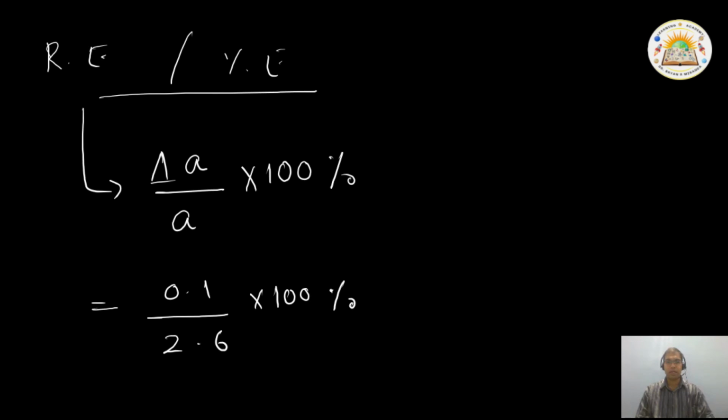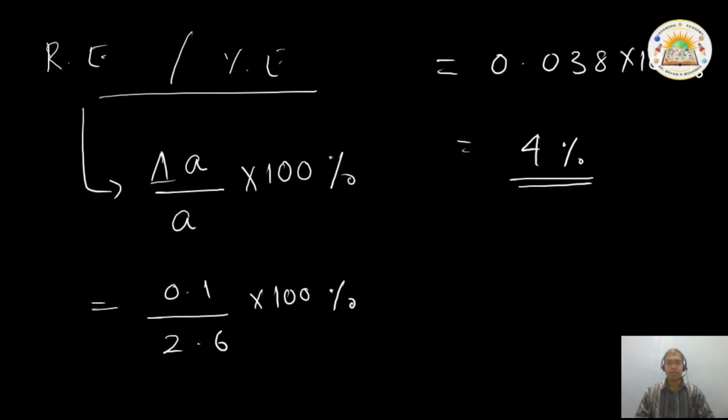So let us see what we get on solving. This will be equal to 0.038 into 100%, which gives us 4%. So the percentage error in the measurement is 4%.